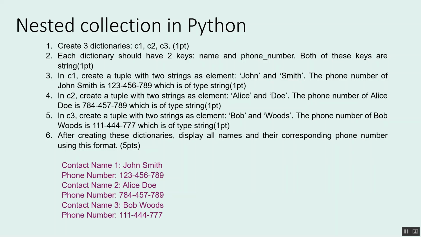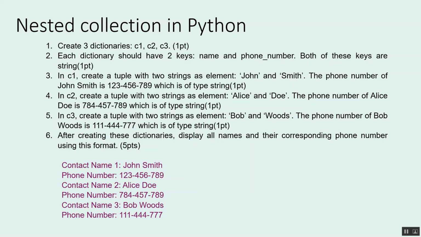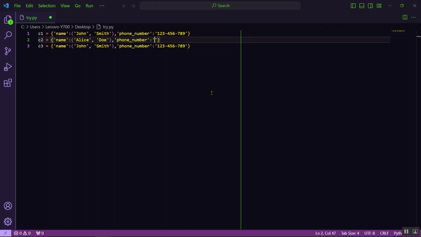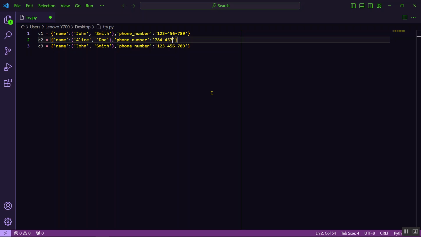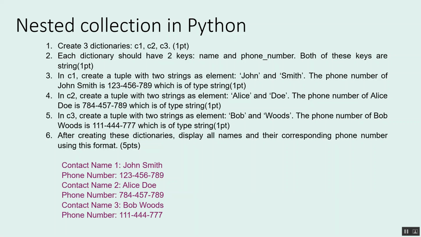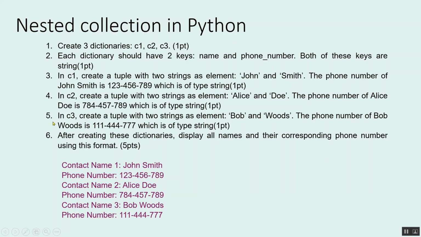And then the second one is Alice Doe. Alice Doe. And then for the phone number, 784 dash 457 dash 789.